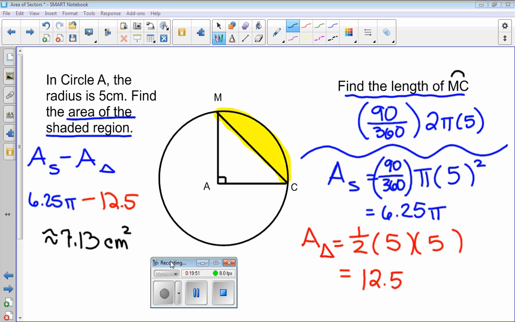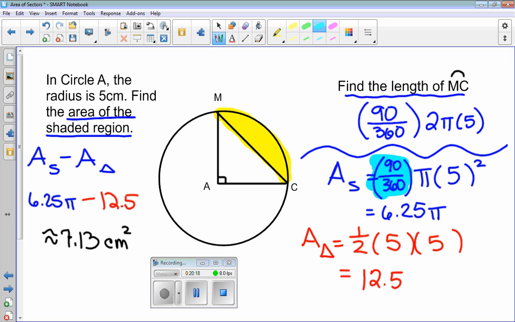Anything else? Yes, ma'am. Okay, so that's just like the portion of the circle. If you did 360 over 360, it would be 1. It would be the entire thing. So this is kind of like the percent, the proportion of the entire thing. 90 over 360 is a quarter, if you actually divided it, 0.25.